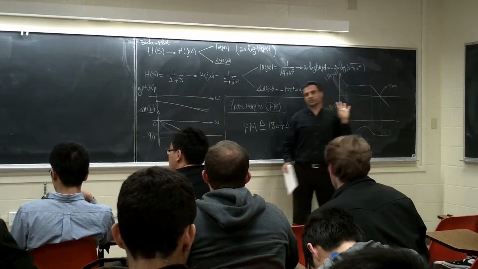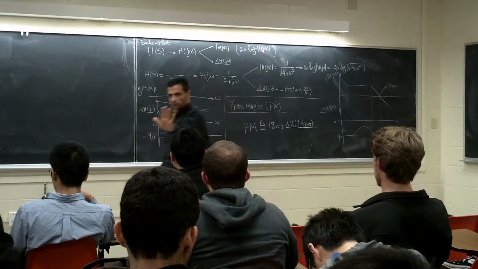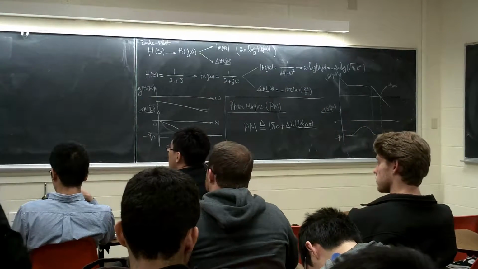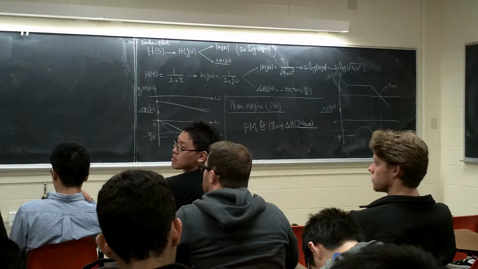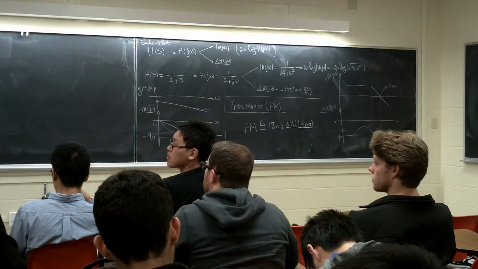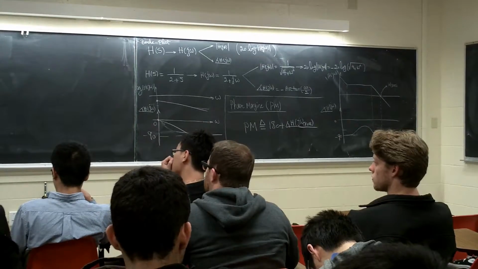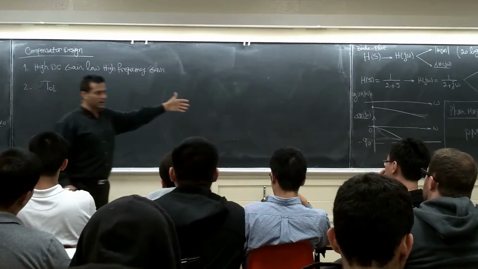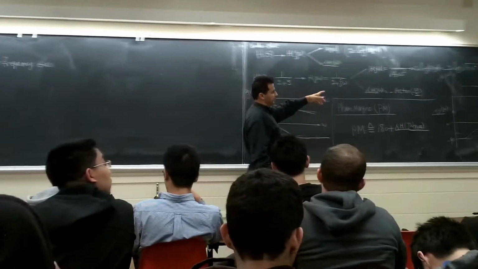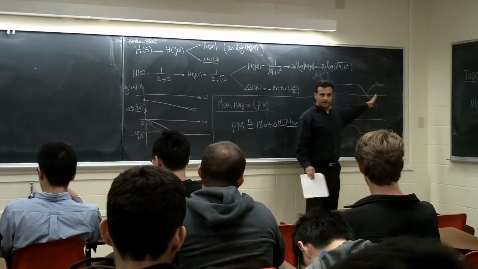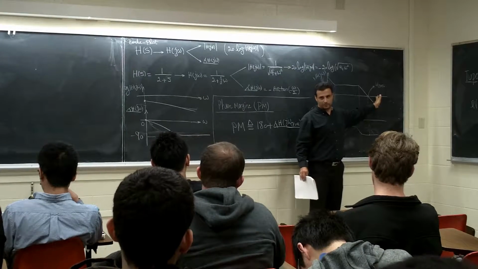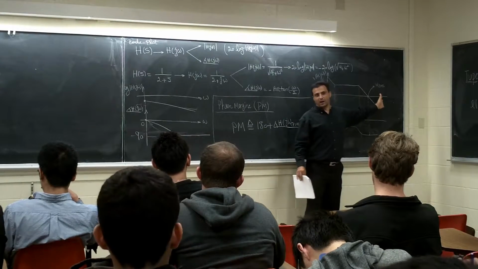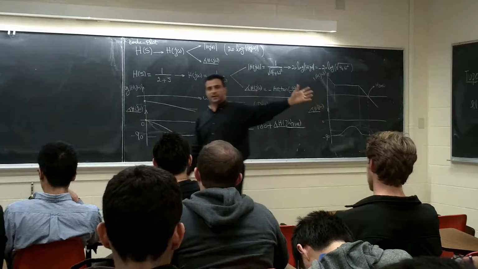We want this frequency to be as high as possible. Unity gain frequency, that's what we call it, at the high frequency. If this crossover frequency is high, and the gain is 0 dB or unity, it means the high frequency gain is low, right?